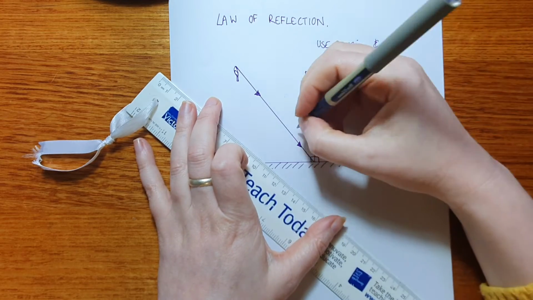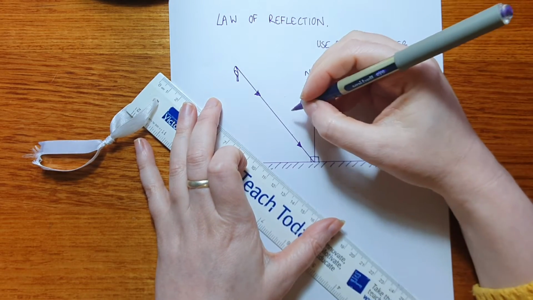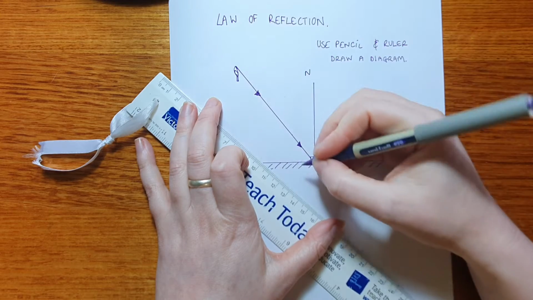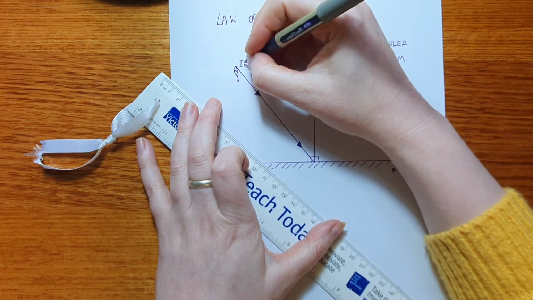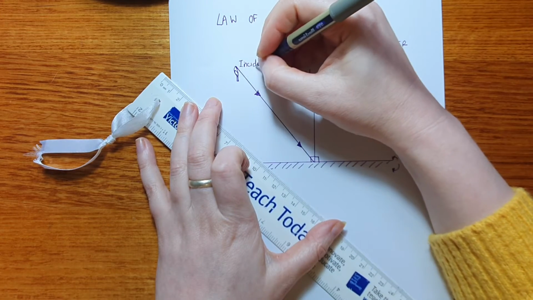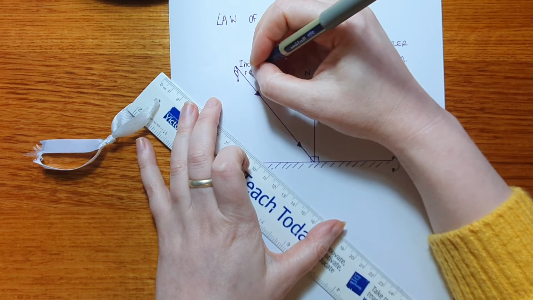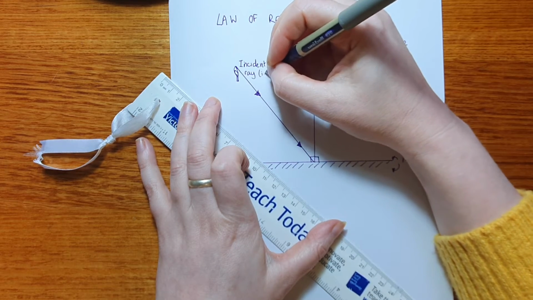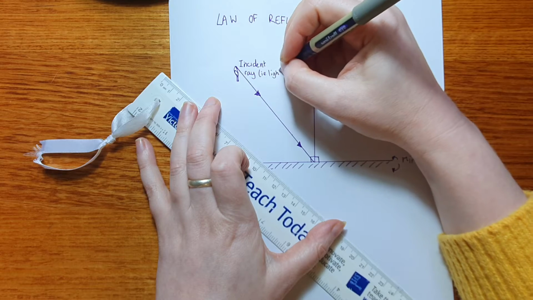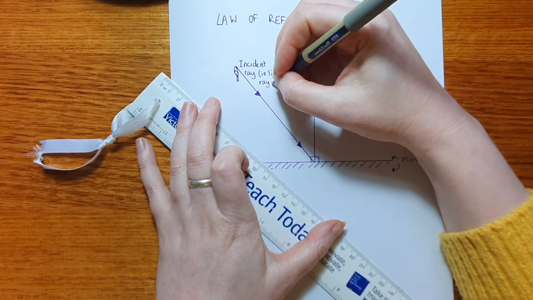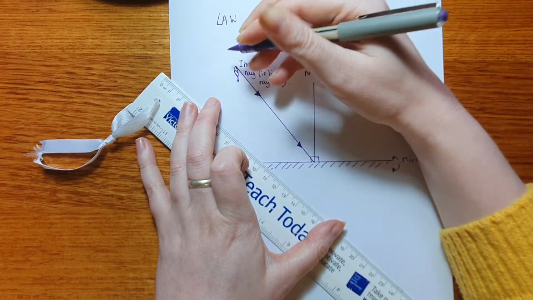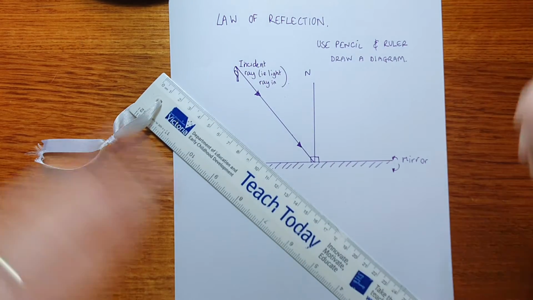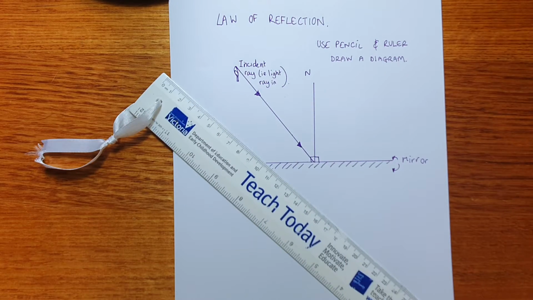Whatever this angle is here, this is our incident ray. So that's our light in, whatever is being shined on the mirror.